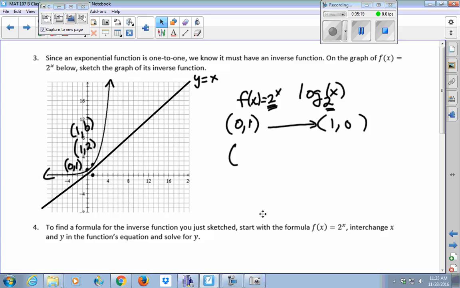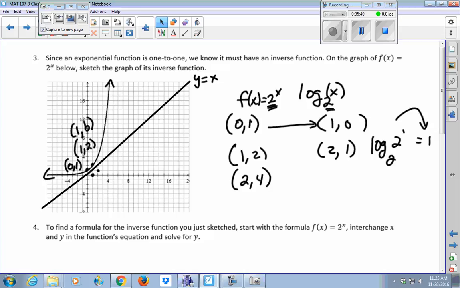So in this case, the corresponding point in the log function is going to be 2, 1. Because if you take the log base 2 of 2 and you lift off the exponent, you get 1. Log base 2 of 2 is 1. So now I've got that point, 2, 1. And now the next point might be 2, 4 on my exponential function.